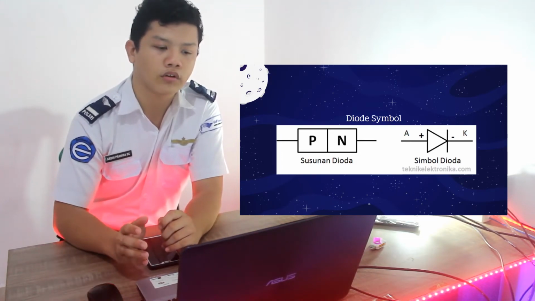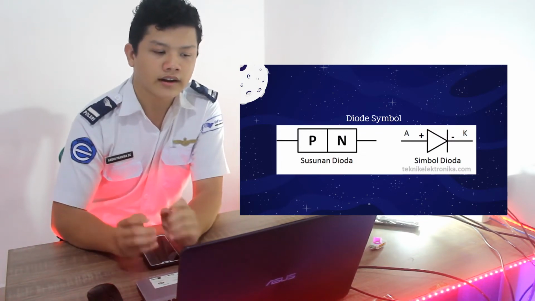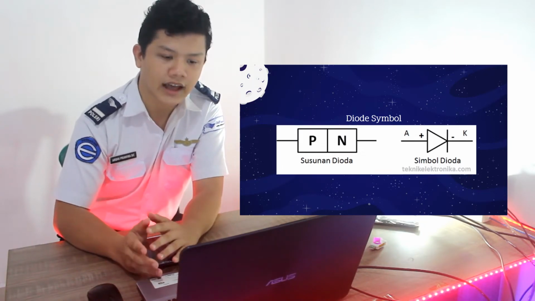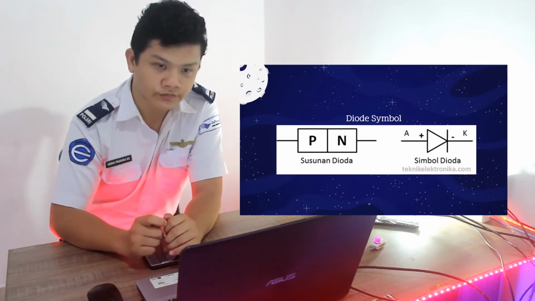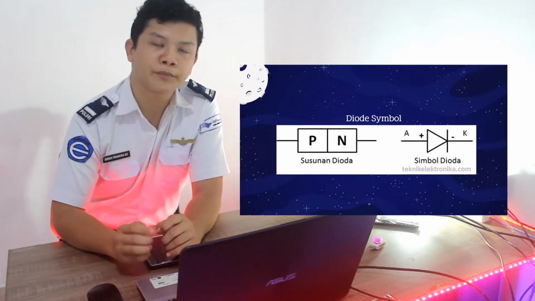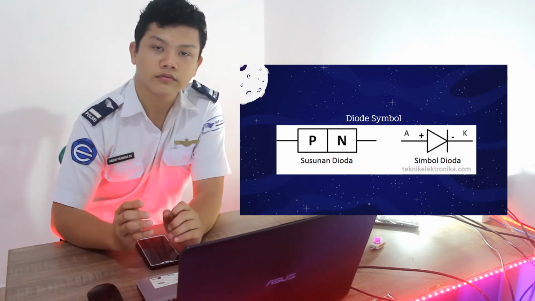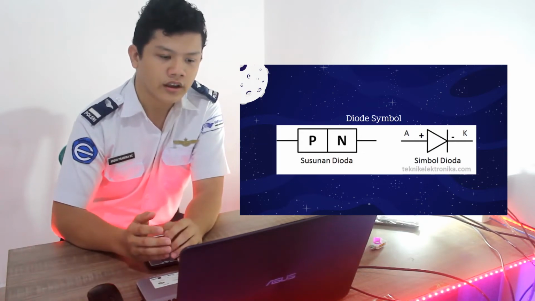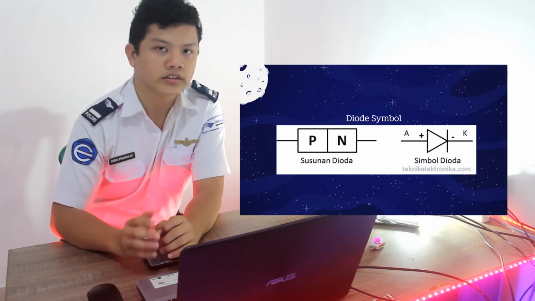If the P pole of the diode is connected to the positive pole of the source, an electric current will flow, where the electrons on the N side will move to fill the holes, so that the current will flow. Conversely, if the P side is connected to the negative battery source, the electrons will move toward the positive terminal of the source. Inside the diode there will be no electron transfer.